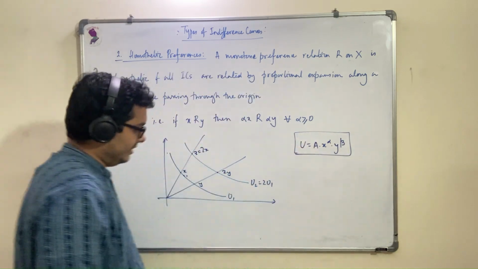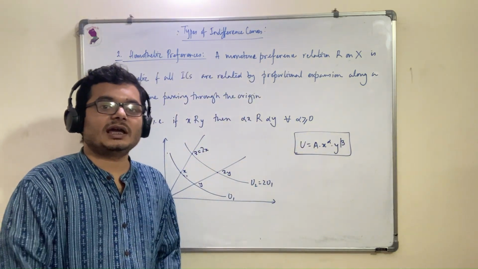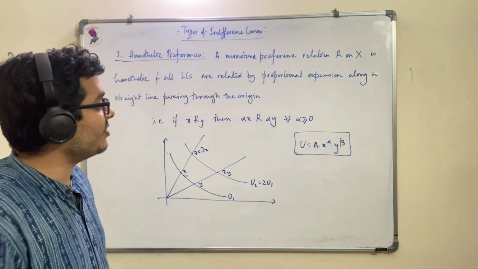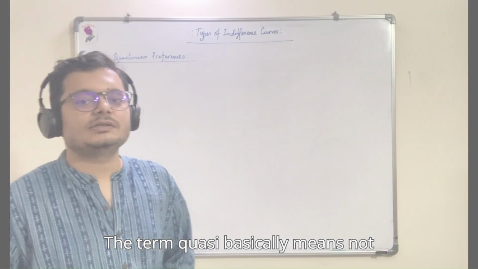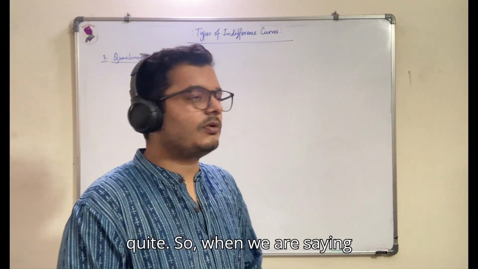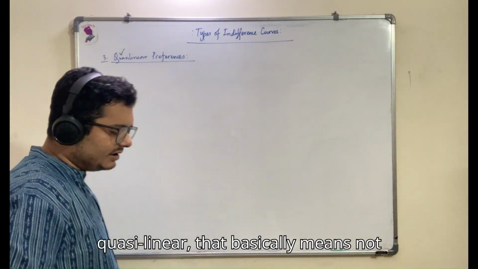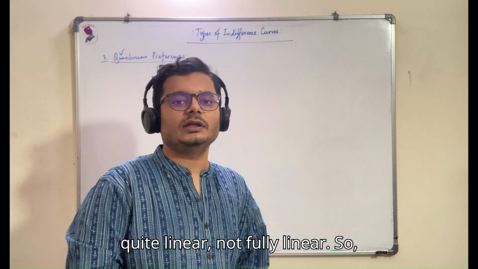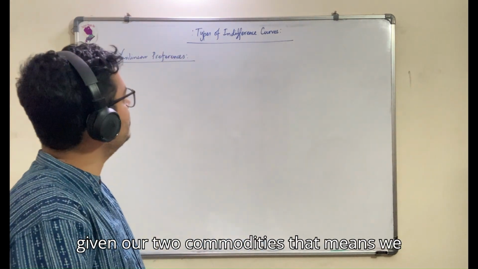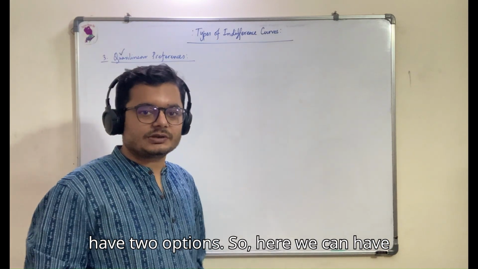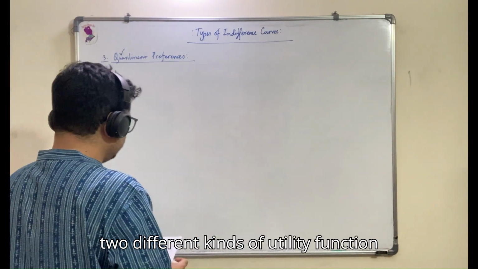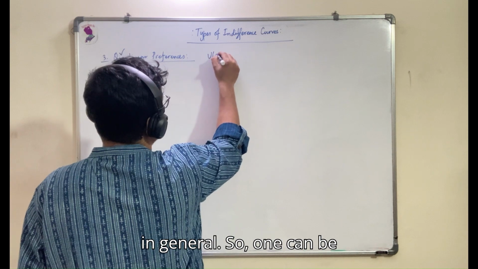Okay, so now we will move to another typical preference, which is called quasi-linear. The term quasi basically means not quite. So when we are saying quasi-linear, that basically means not quite linear, not fully linear. Given our two commodities, we have two options. Here we can have two different kinds of utility function in general.